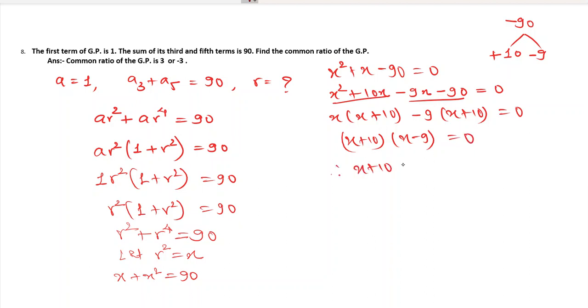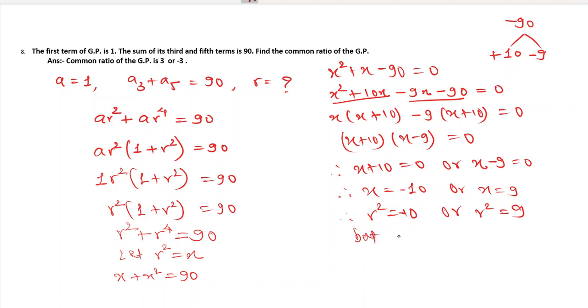Therefore, x plus 10 is equal to 0, or x minus 9 is equal to 0. Therefore, x is equal to minus 10, or x is equal to 9. But what is x? X is r square. Therefore, r square is equal to minus 10, I'm sorry, or r square is equal to 9. But r square, that is a square of a number, cannot be negative, cannot be minus 10, right? Square of a number can never be negative.